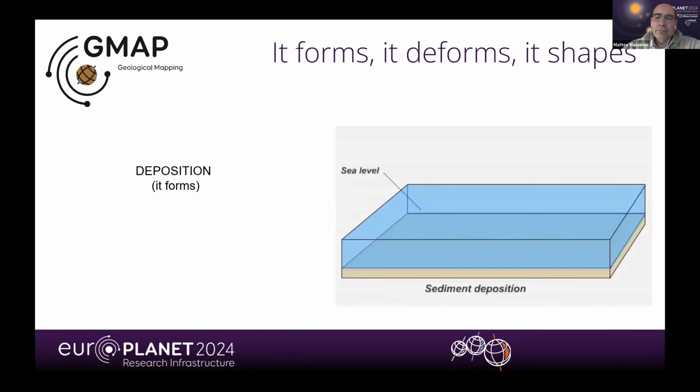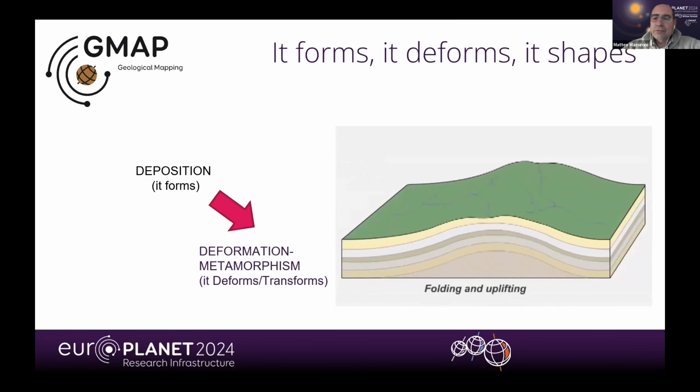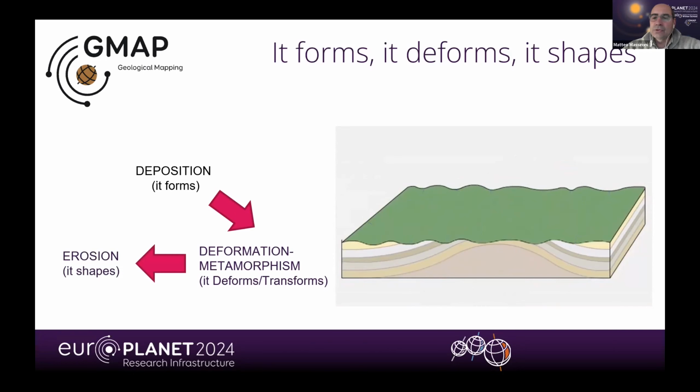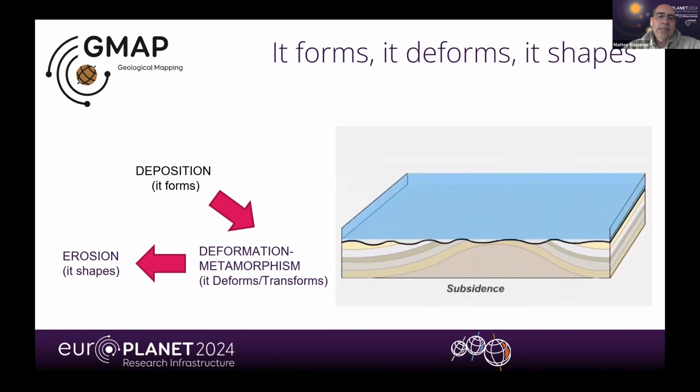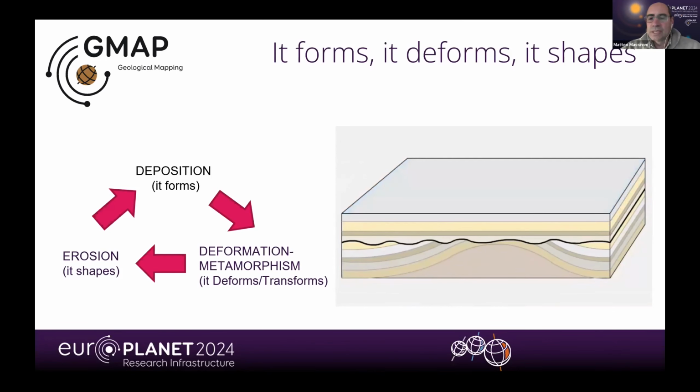So we have the formation moment. Then at a given point we can deform these sediments, and we have the deformation moment, and after that we can have the erosion, and on top of that we may have again deposition and formation. These three processes are the main ones that should be described in a geological map.